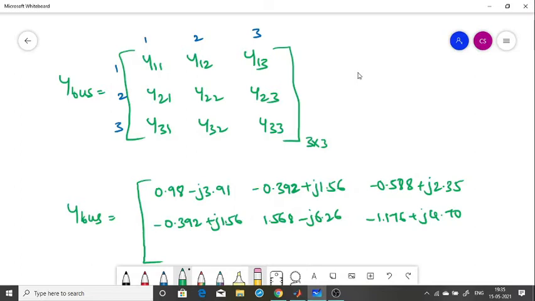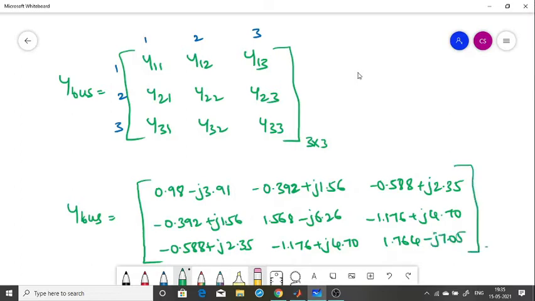Capital Y31 is minus 0.588 plus j2.35, the same value as Y13. And Y32 is also equal to Y23, that is minus 1.176 plus j4.70. Y33 is 1.764 minus j7.05.